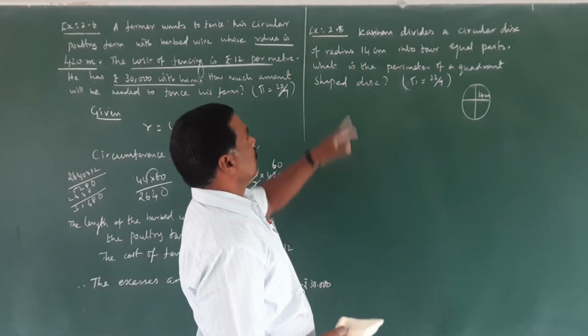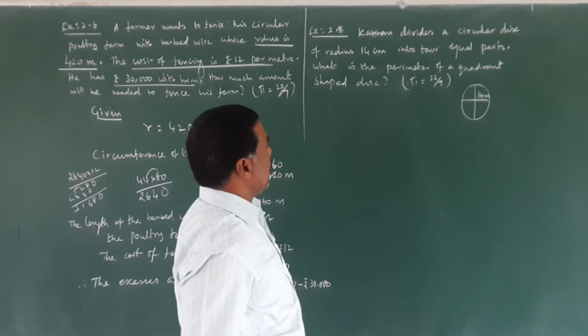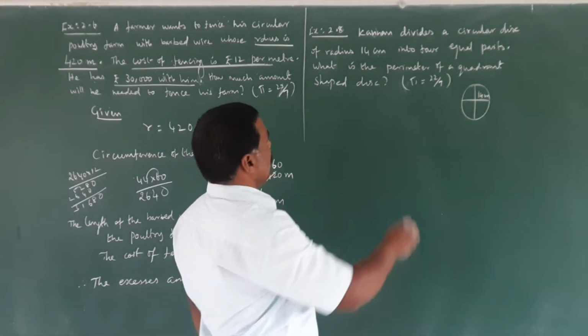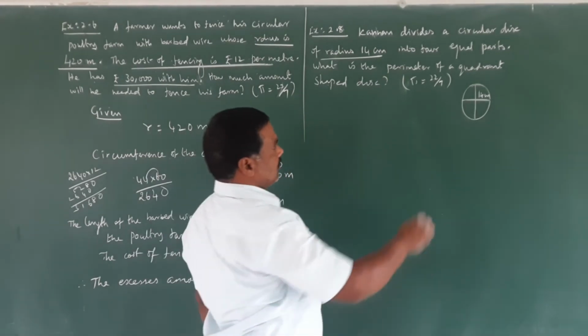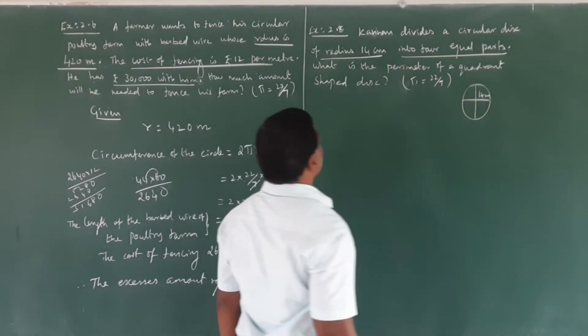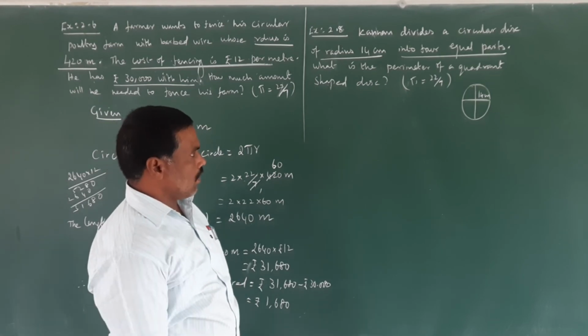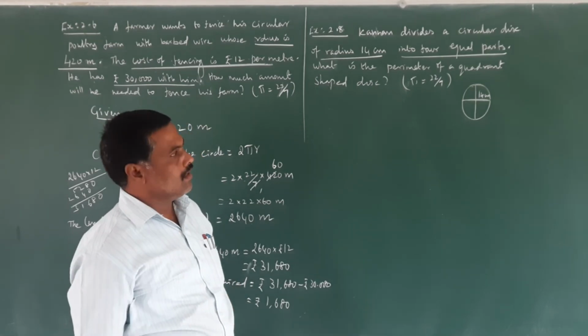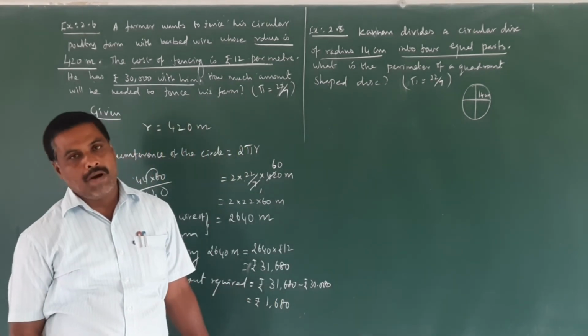Example number 2.8. A carpenter divided a circular disc of radius 14 centimeter into 4 equal parts. What is the perimeter of the quadrant shaped disc? Use pi equal to 22 by 7.